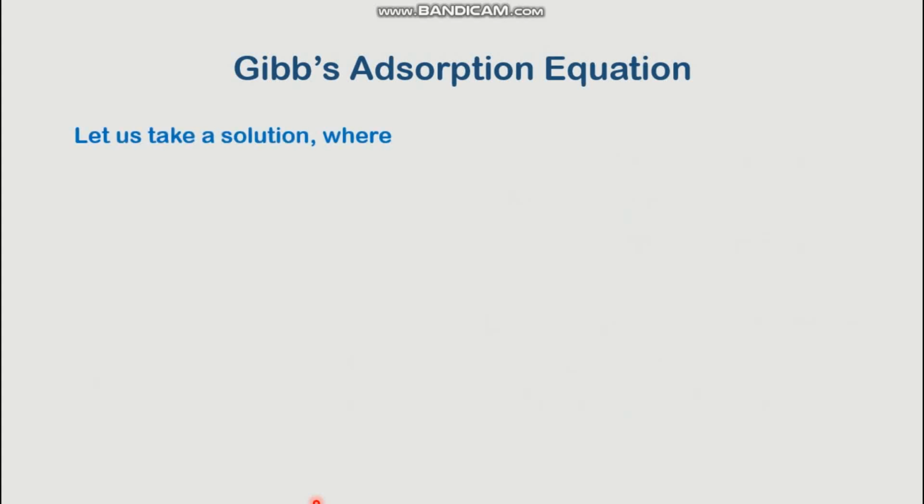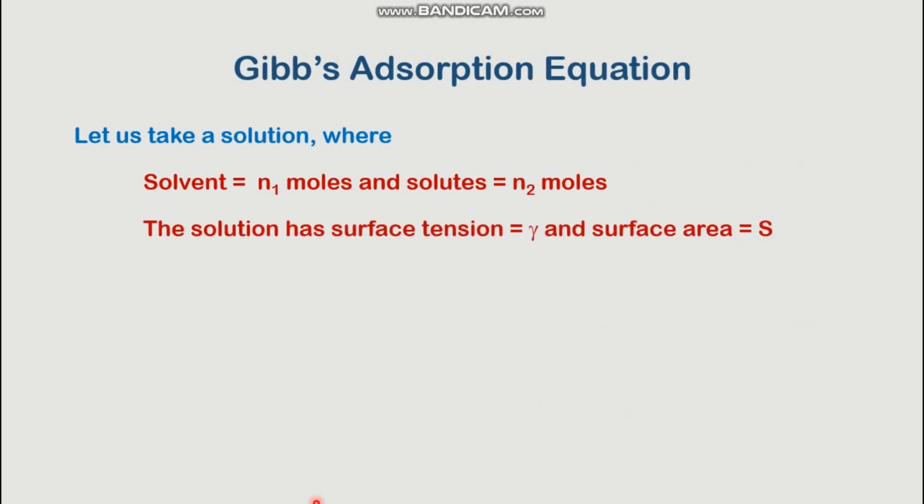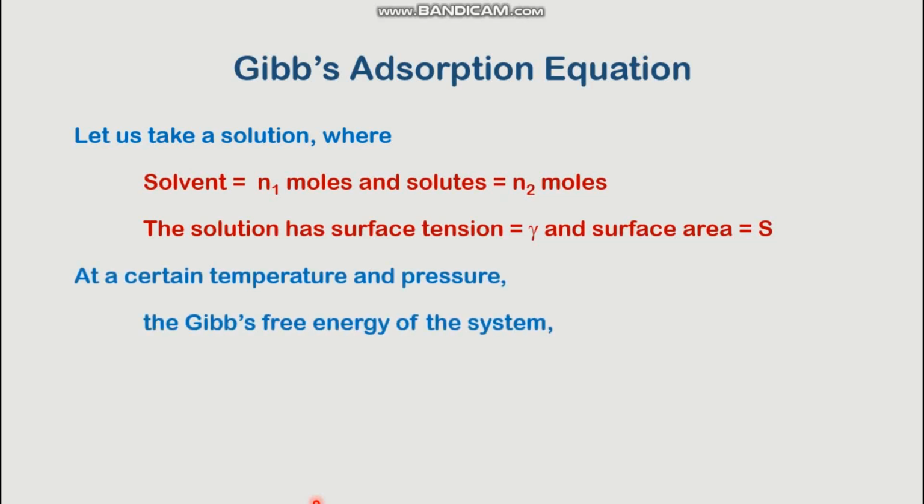So at the starting, let us take a solution where N2 moles of solute is dissolved in a solvent containing N1 moles of solvent molecules, and the solution after mixing has the surface tension gamma, whereas it has a surface area S. At a certain temperature and pressure, what should be the Gibbs free energy of the system?